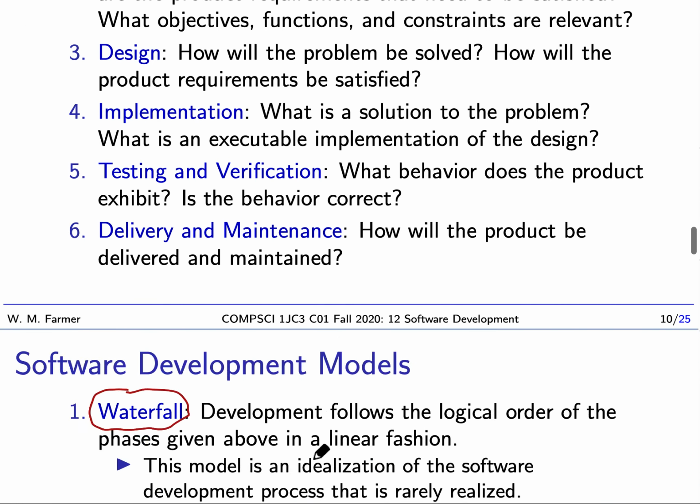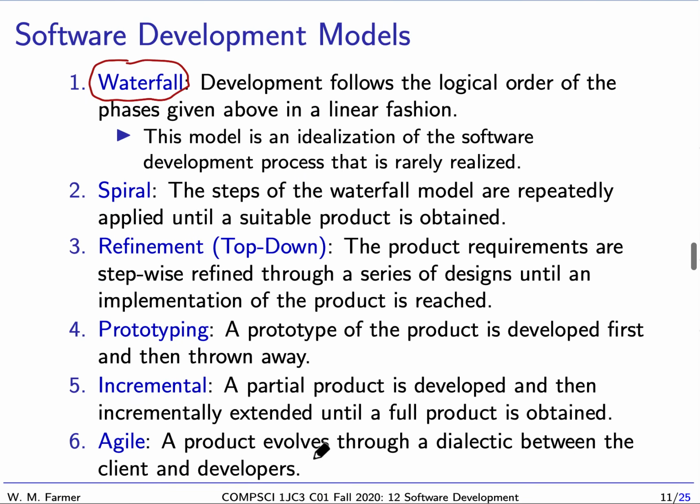That is the waterfall model. Now, this is a very useful model, but it is completely an idealization. It is almost never the case that software is developed in this way.